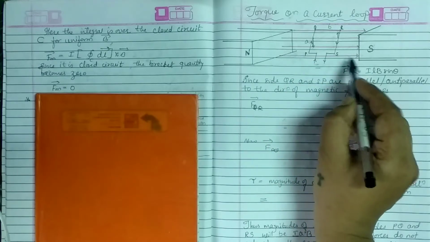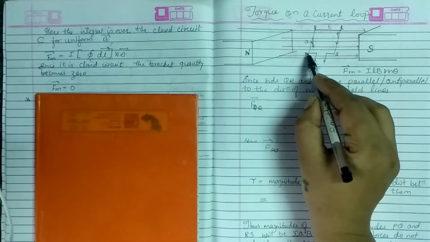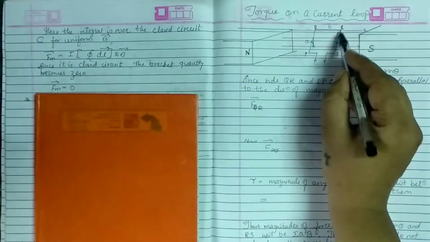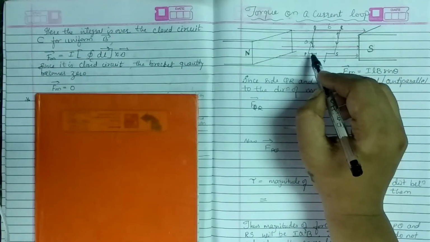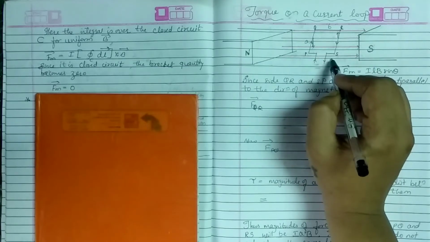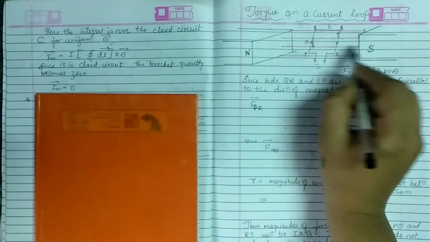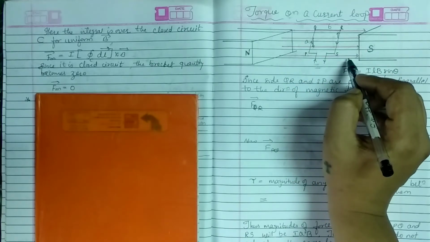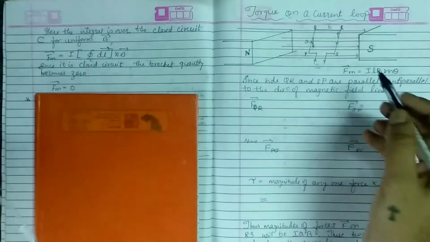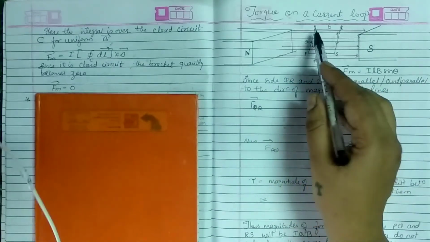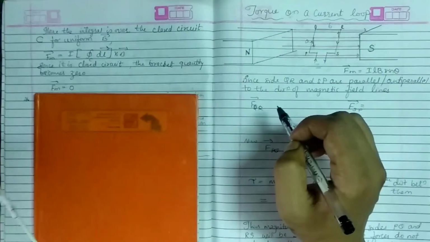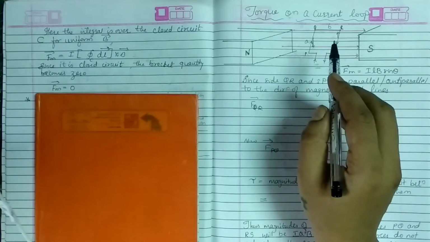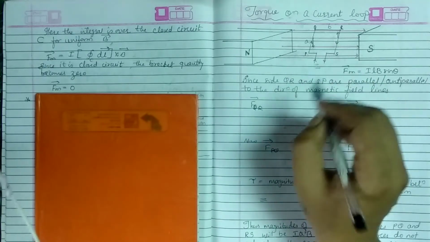In short, the sides QR and SP are both parallel or anti-parallel to the magnetic field, so theta will be 0 or 180. For parallel it is 0, for anti-parallel it is 180. Whether it is 0 or 180, sine 0 or sine 180 is always 0.